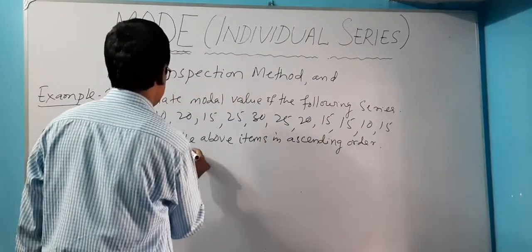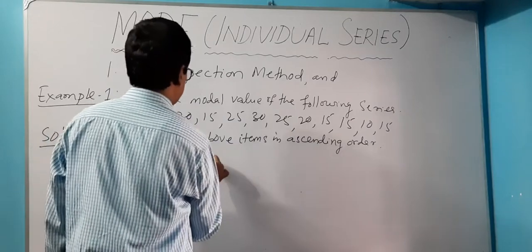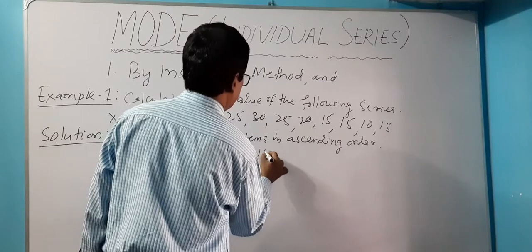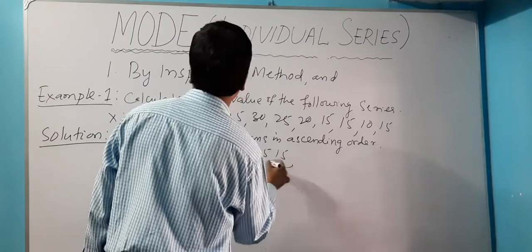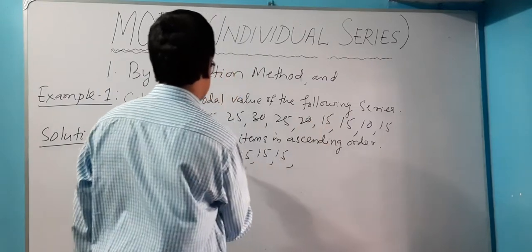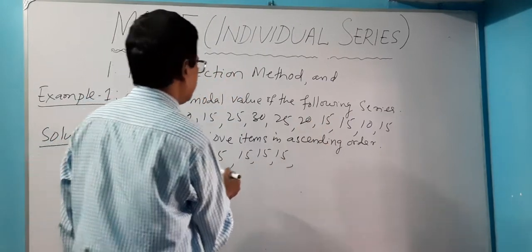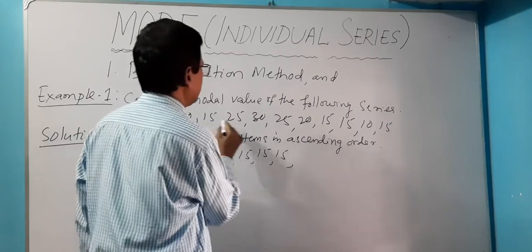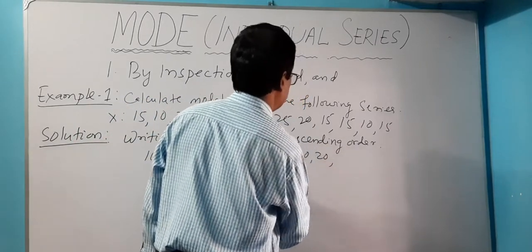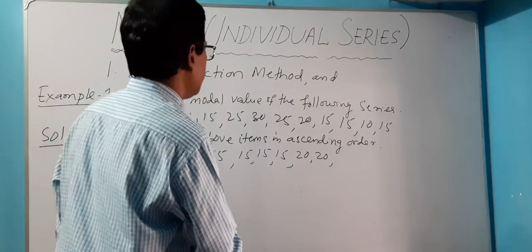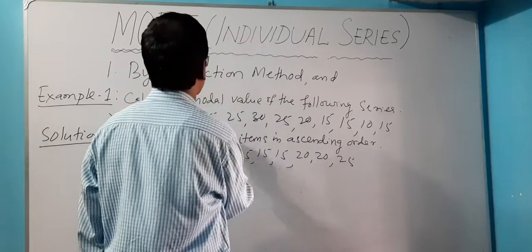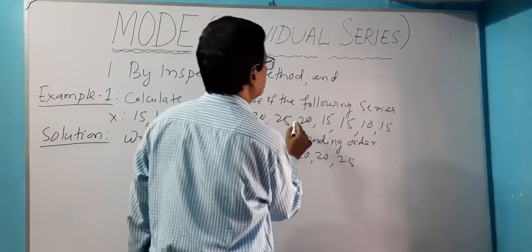Yes, two 10s. Then 15: 15, 15, 15, 15, 15. 1, 2, 3, 4, 5, so five 15s are there. Then how many 20s are there? 1, 2. Then 25: how many 25s are there? 1, 2.